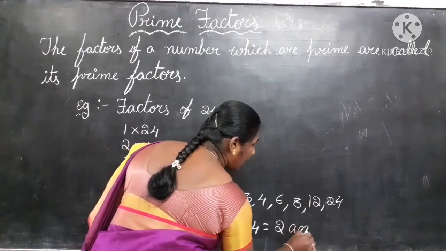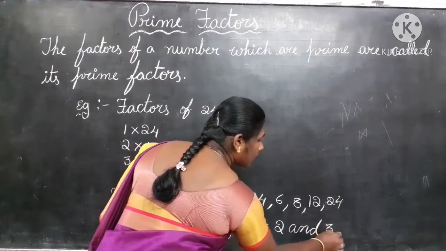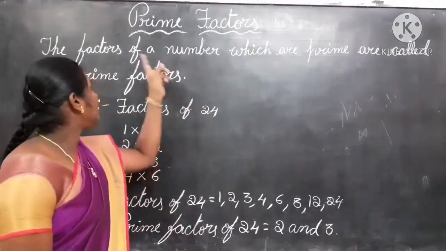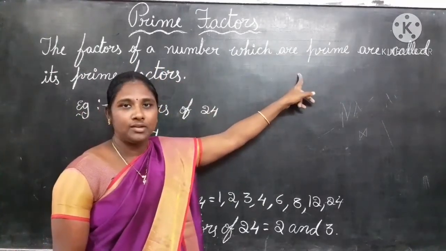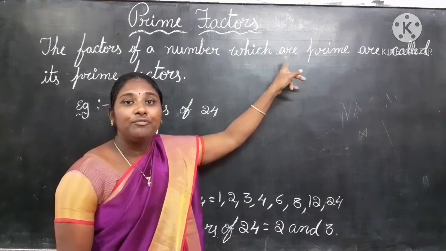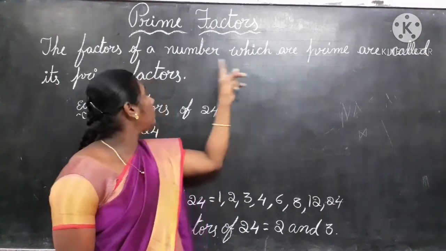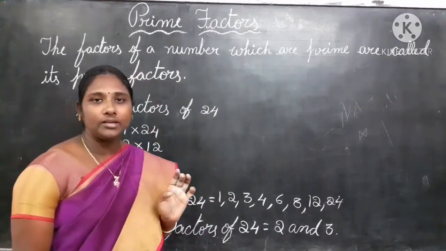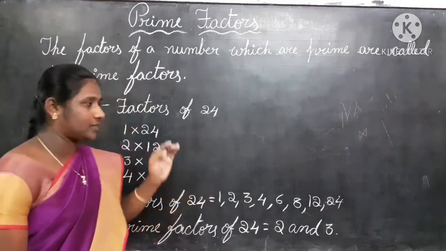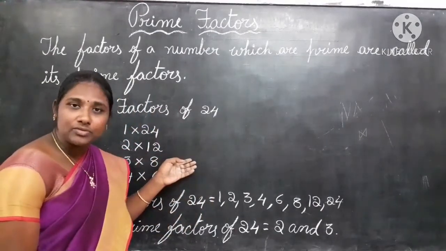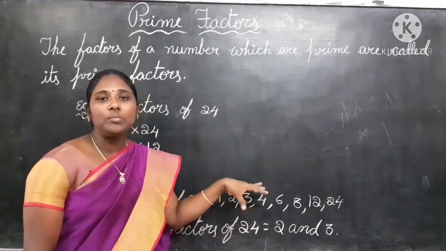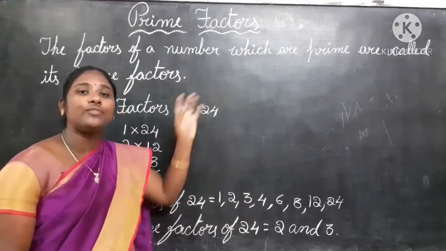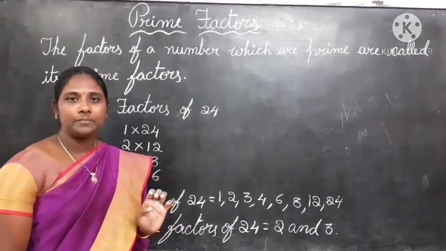The factors of a number which are prime are called its prime factors. First we should write the factors of 24. In that, the prime numbers are called prime factors of the given number.